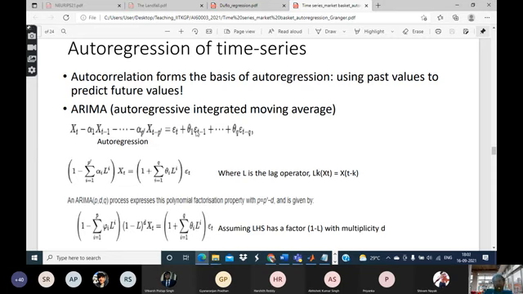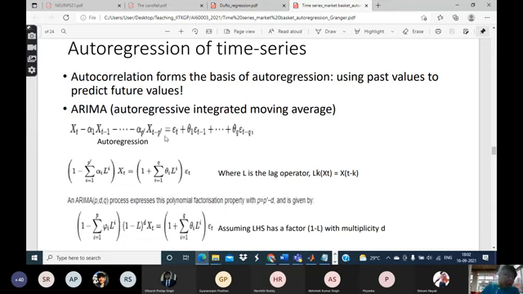Q is telling us how many past error terms or noise terms I should consider to predict the future. Both the x, that is the past observations, as well as the epsilon, that is the past errors, are used to predict the future, but the number of observations and the number of error terms in the past may vary. That is what the ARIMA model tells us.